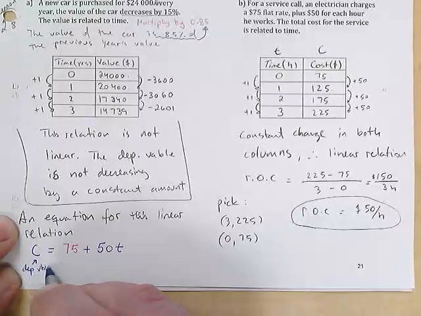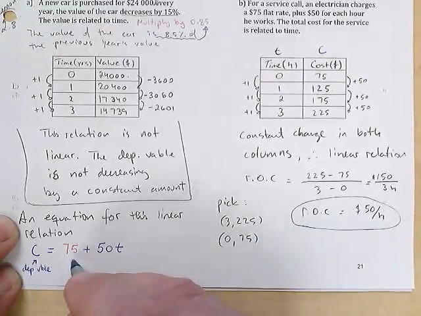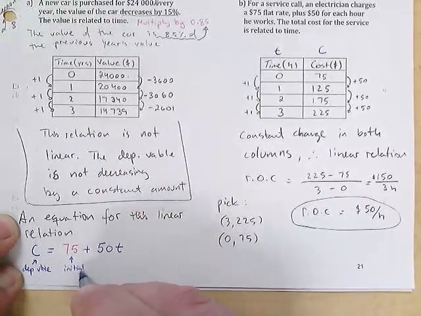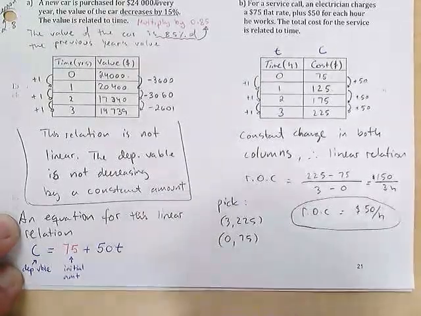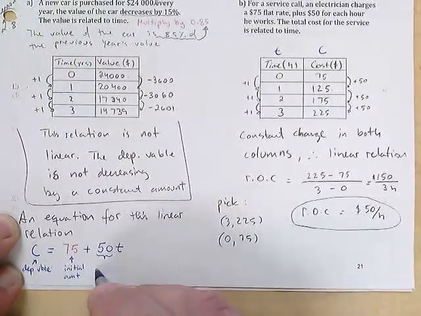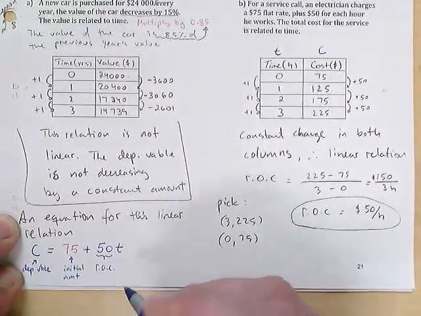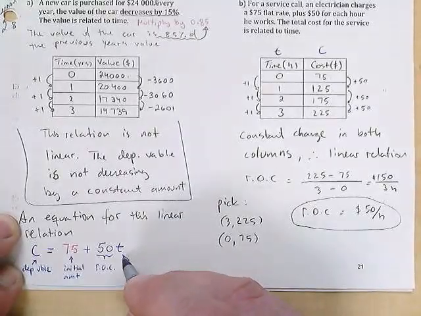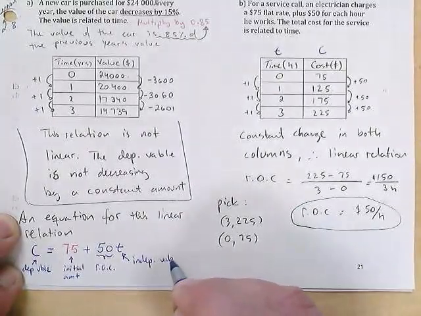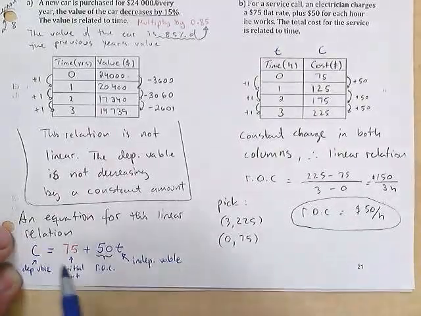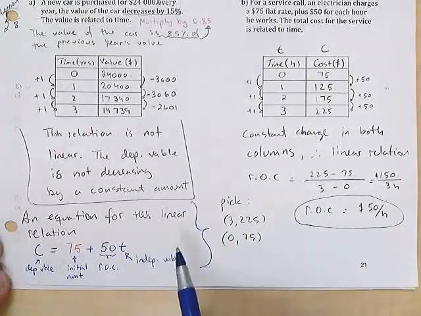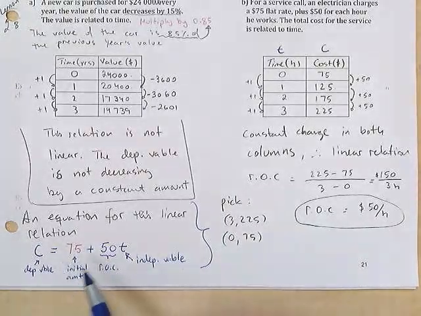I just want you to already start thinking of this, right? This is the initial amount that you will be charged. This is the rate of change. And this here is the independent variable. So overall, this is how you come up with the equation.